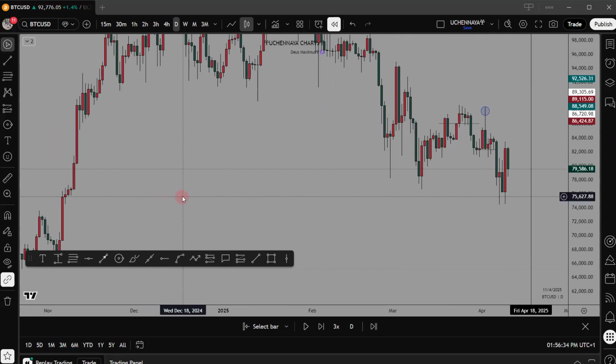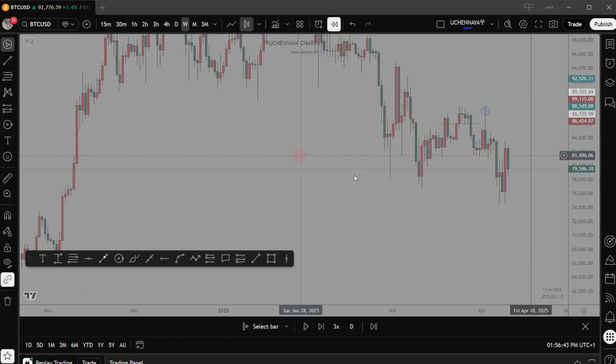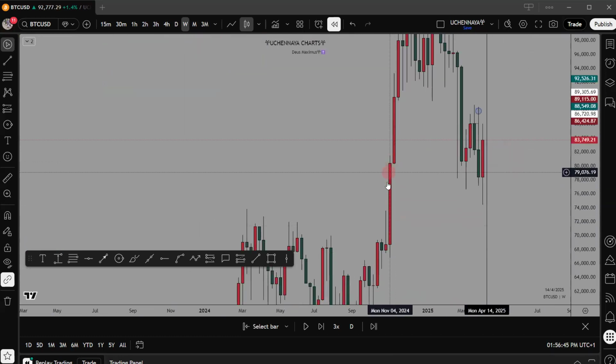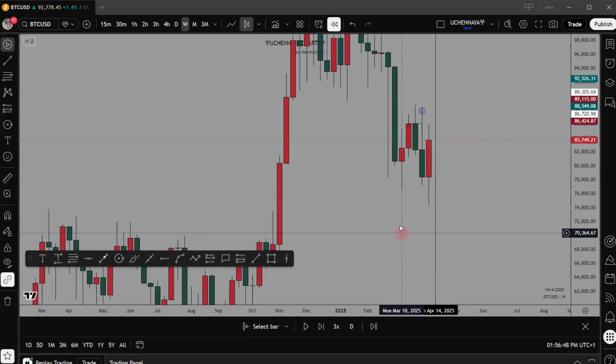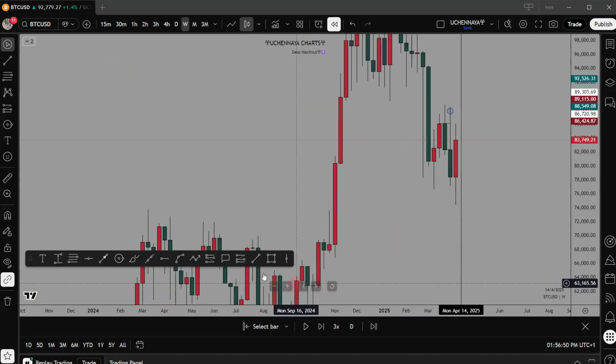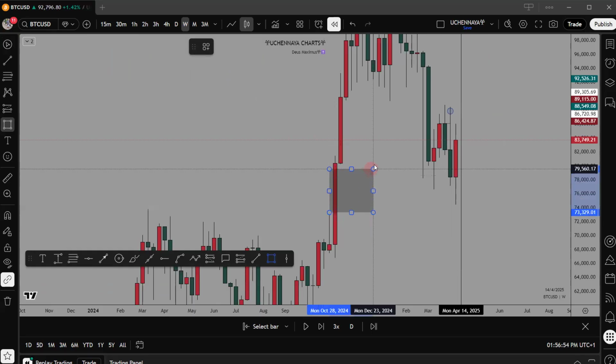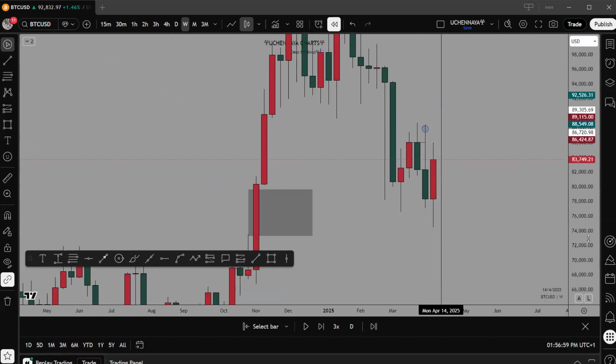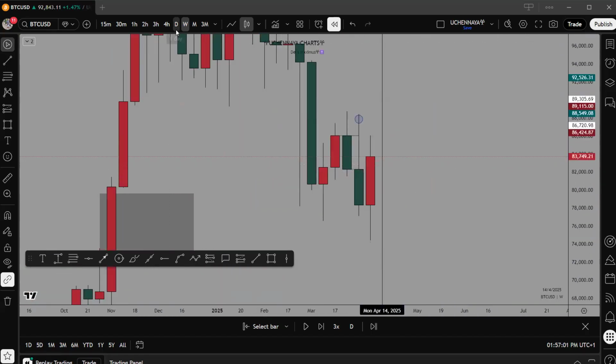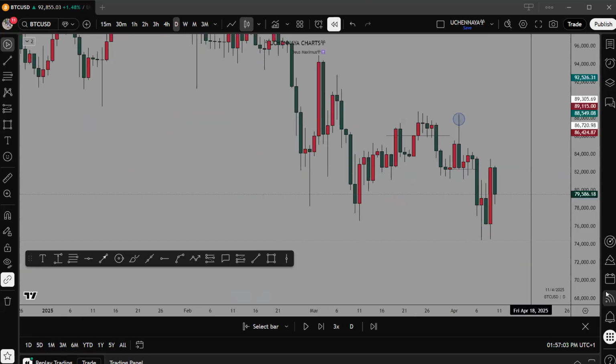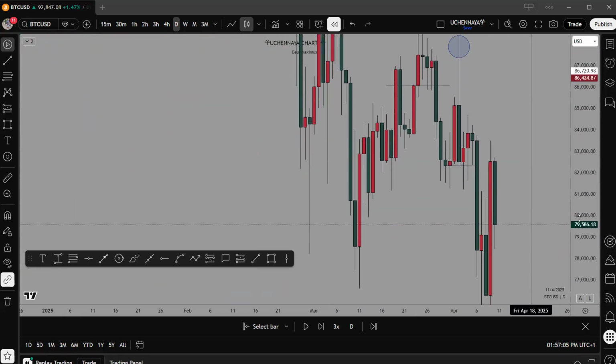Now let's look at this level. Okay, hold on. Actually there is nothing here but this fair value gap. Okay, now let's look at this daily retracement into that level.